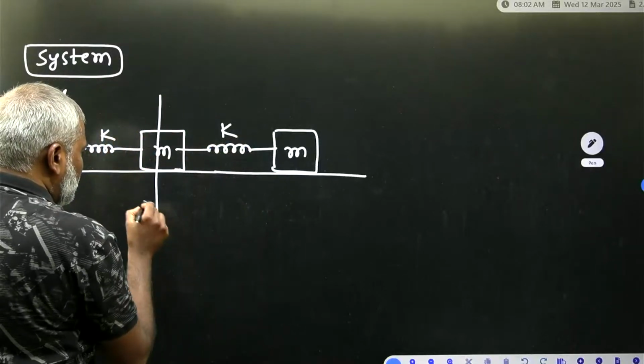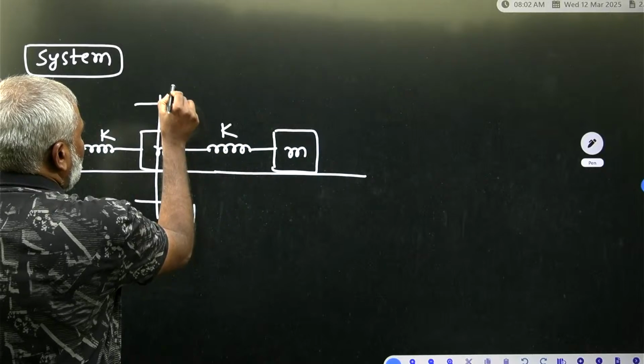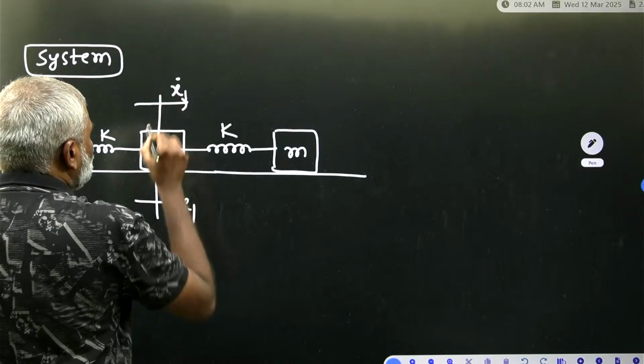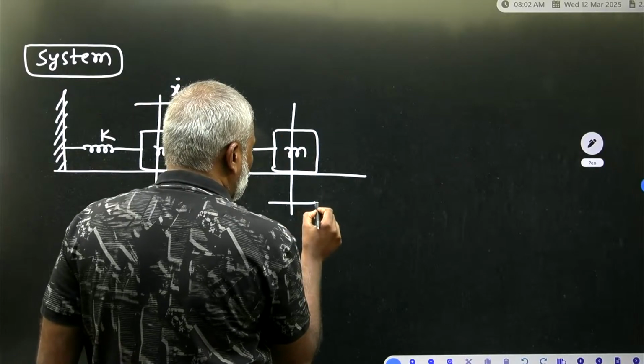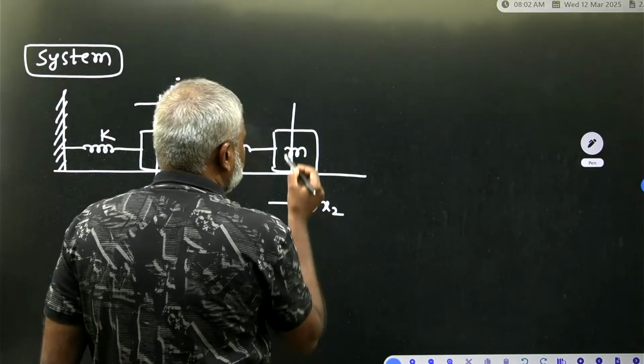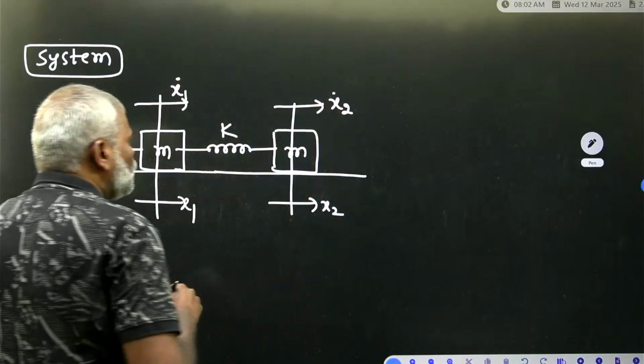This one is moving with position x1, so the velocity of this block is x1 dot. Now this is also moving with displacement x2, and its velocity is x2 dot.